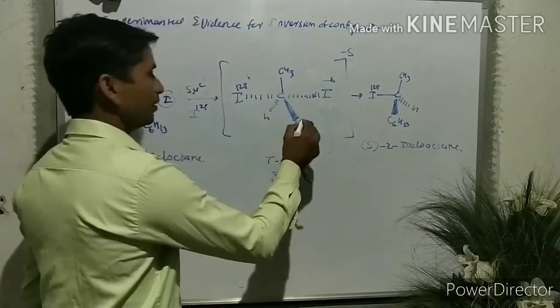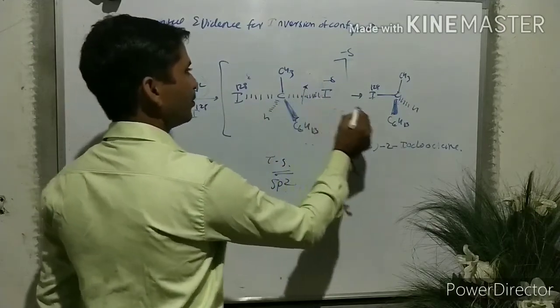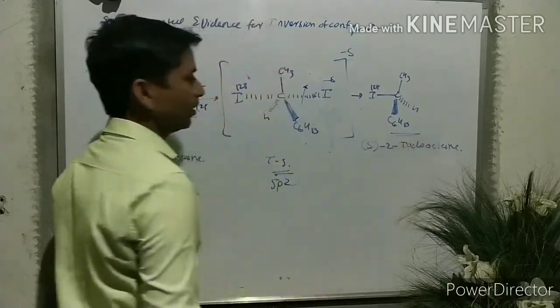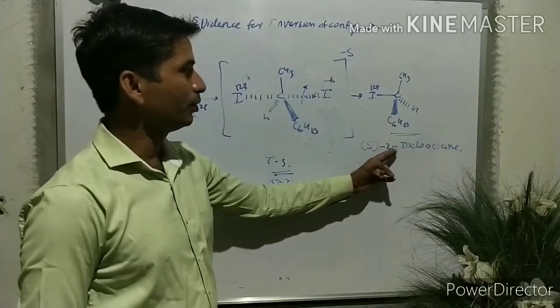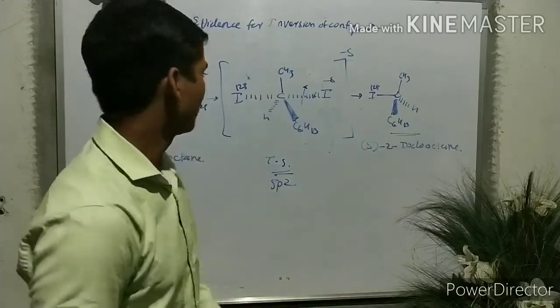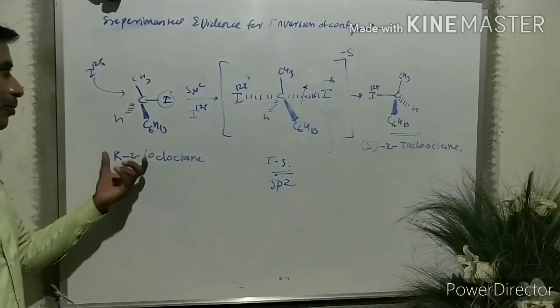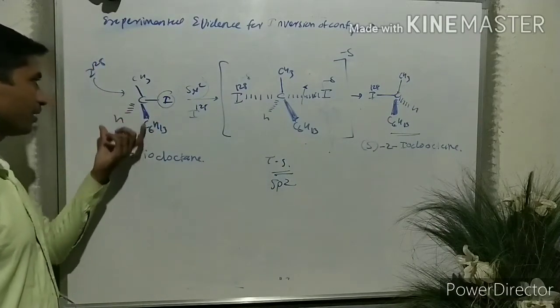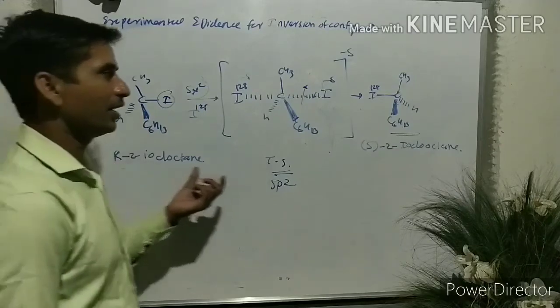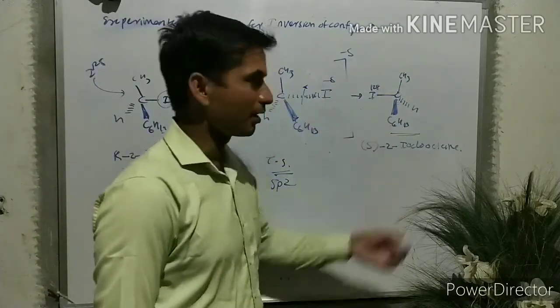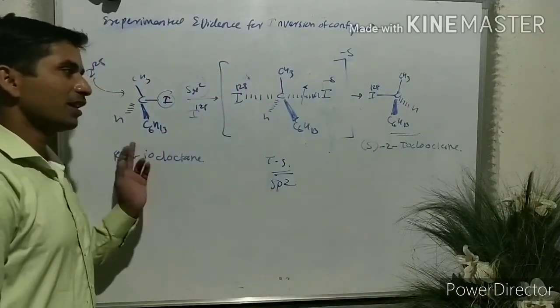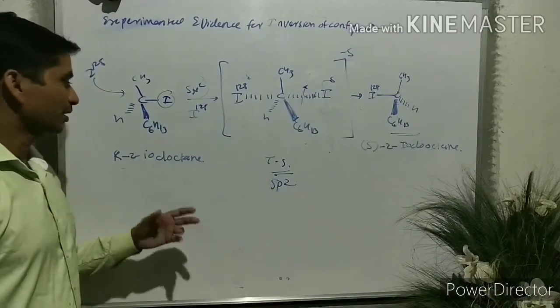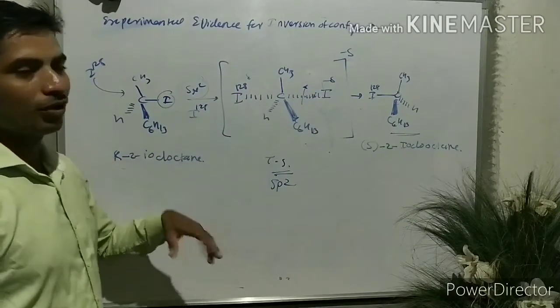After departure of the leaving group, there is formation of the product, that is S 2-iodooctane. If we compare the configuration of reactant and product, there is a change in configuration, because the reactant has the R configuration and the product has the S configuration. A change in configuration means inversion of configuration.